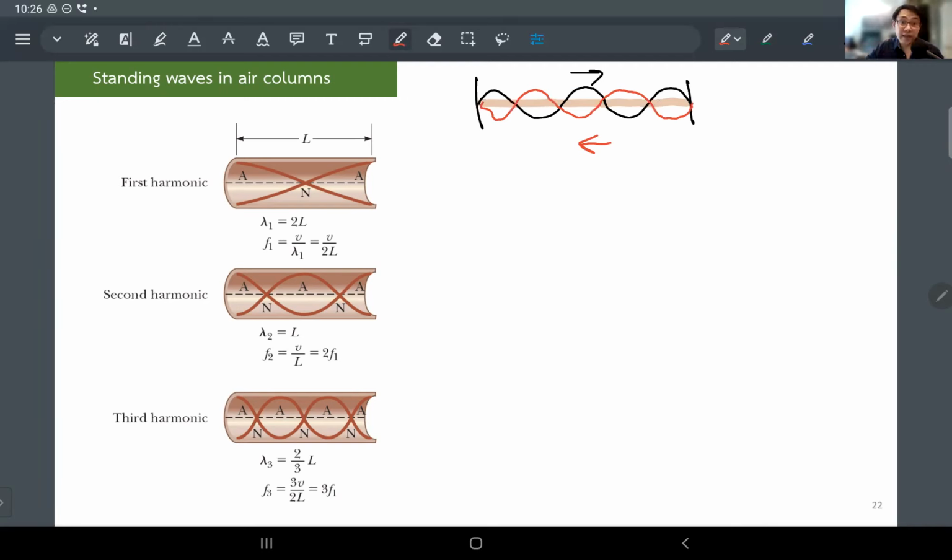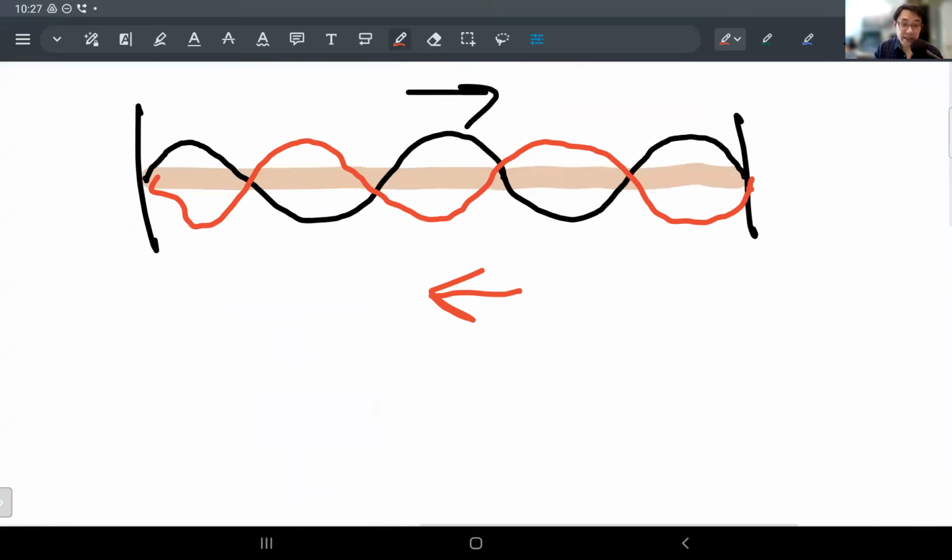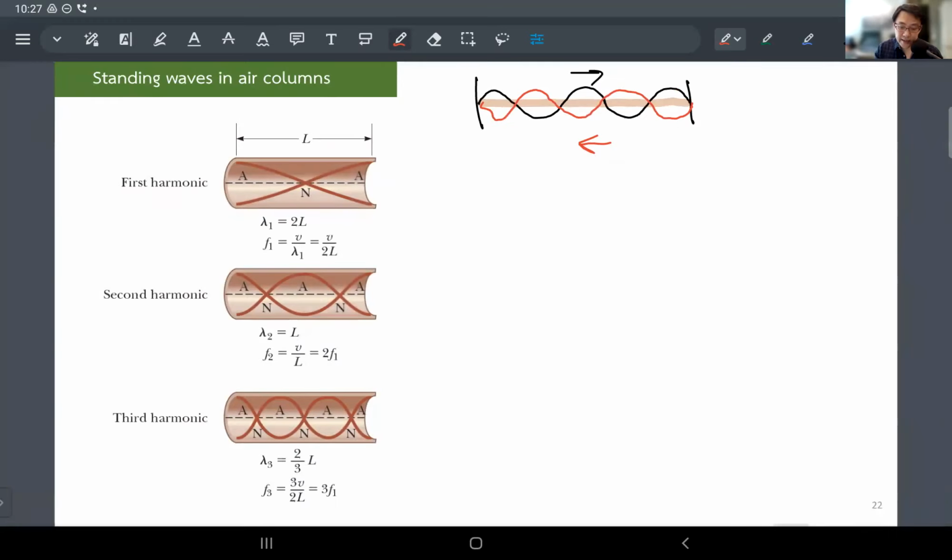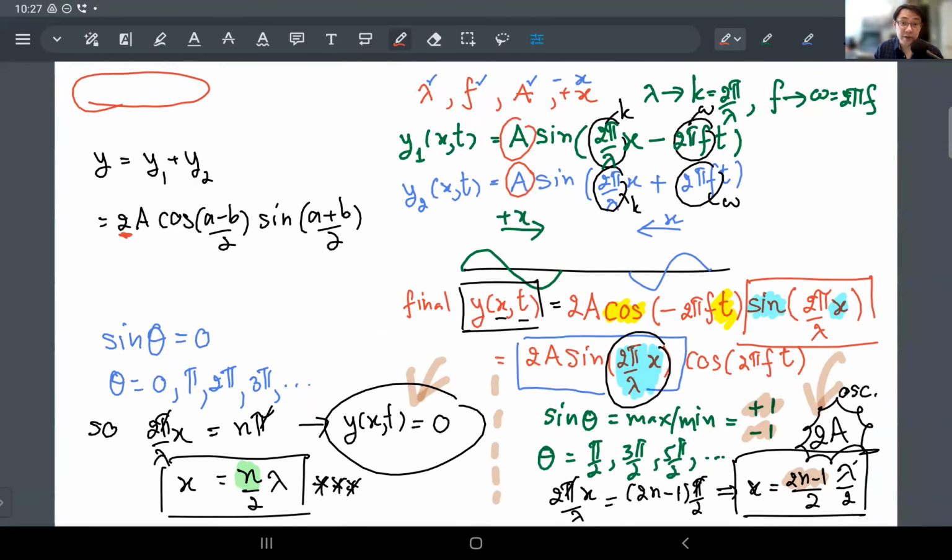After this is continuously generated, the wave just keeps traveling to the left and right, on and on. So in the end, you have the situation that we just started out with: two waves traveling in opposite directions. With that in mind, this is exactly what we had for the description of these two waves.